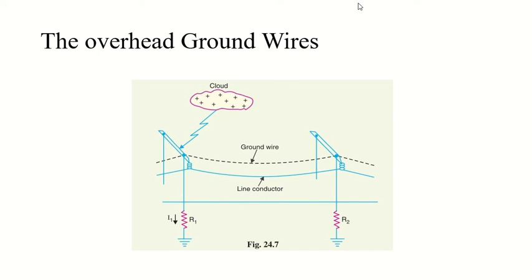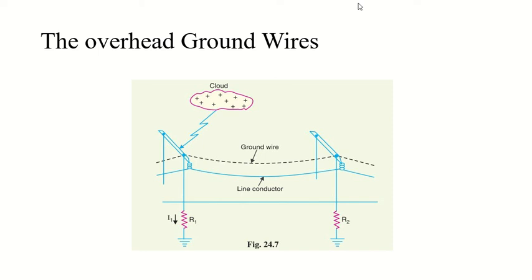So due to their proper location, the ground wires will take up all the lightning stroke instead of allowing them to go through and strike the line conductors. So what ground wires are doing, the ground wires are just like our parents. Just the way, when you were a kid, your parents used to take all the blame on themselves, right?